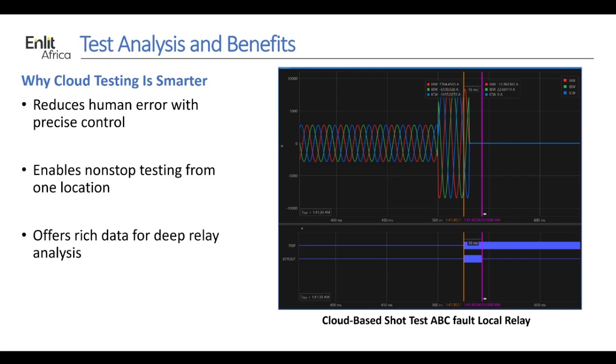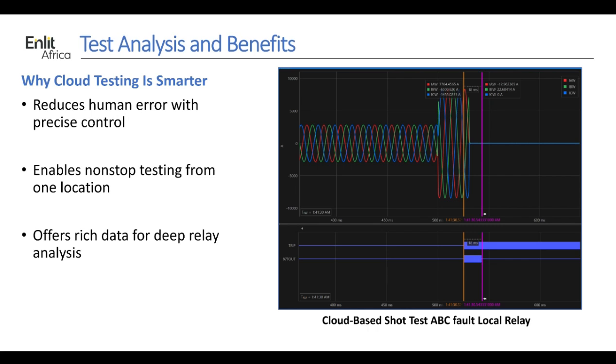This gives very good insight. While the testing is performed, the local end PC can also communicate with the local end relay at the same time, and monitor or read the event records. This is one of the biggest advantages we have.